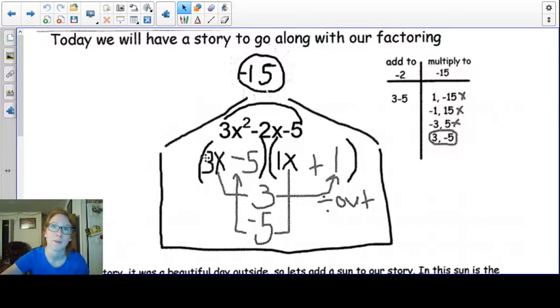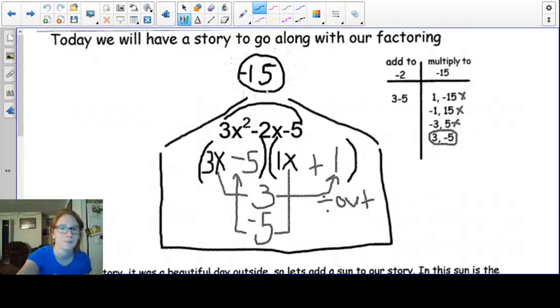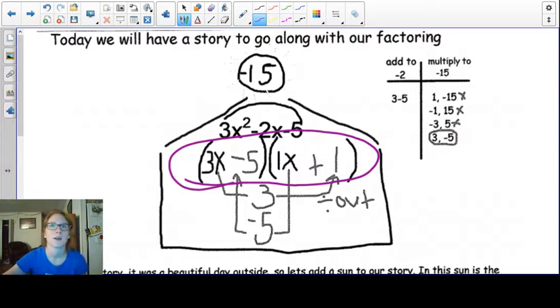But 3 can be divided by 3. So 3 divided by 3 is plus 1. 1 divided by what's left over of that negative 5 is negative 5. So here is my answer of 3x minus 5 times 1x plus 1.